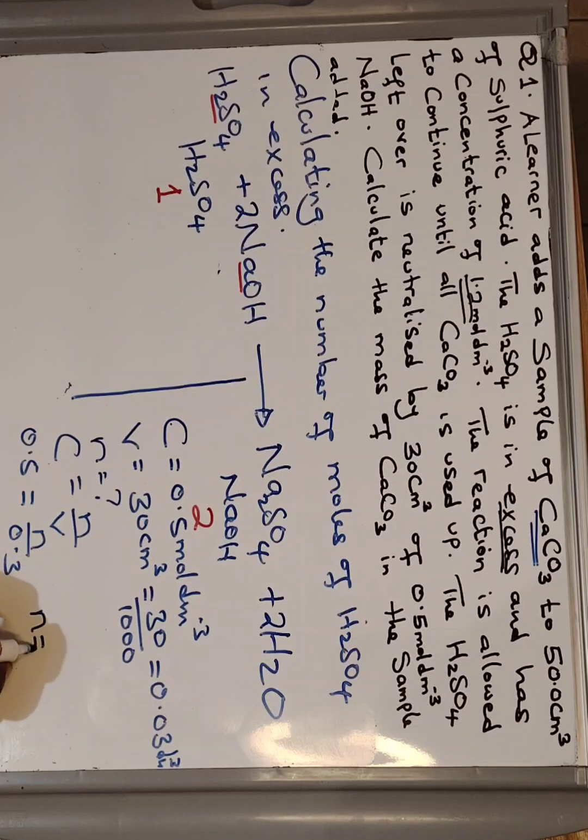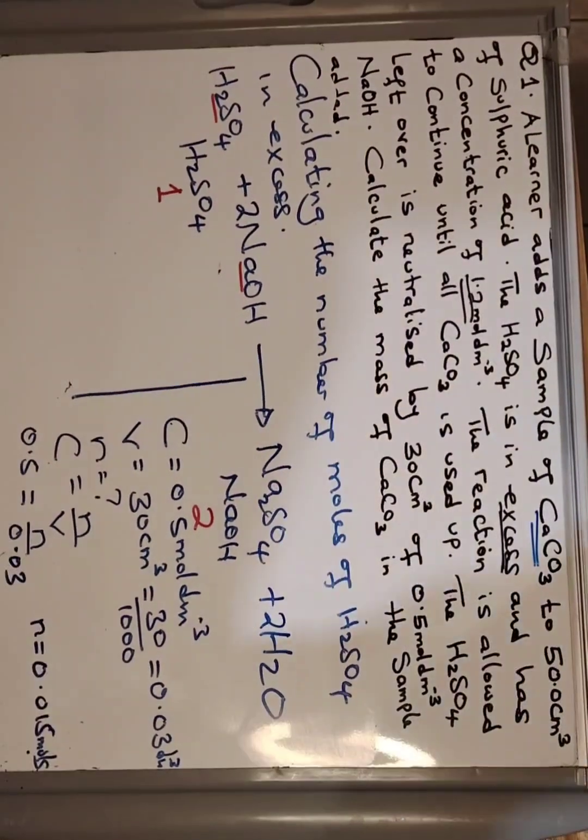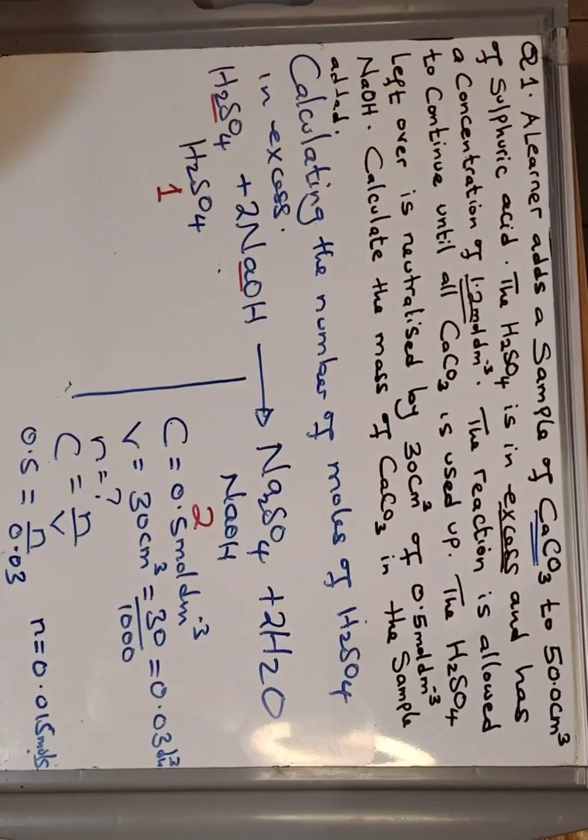After cross multiplying, what is the number of moles? So now we have our number of moles of sodium hydroxide which reacted, and they are 0.015.